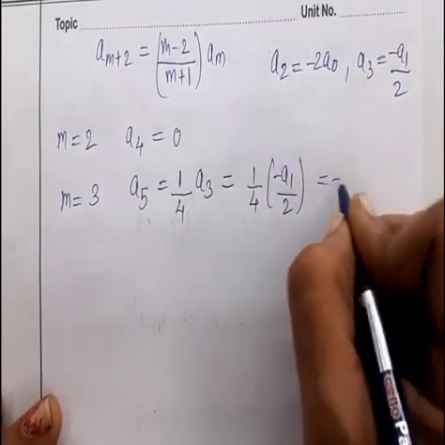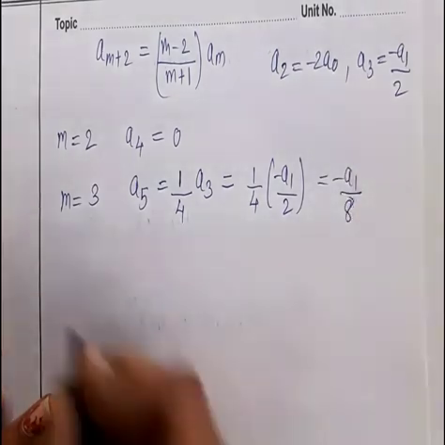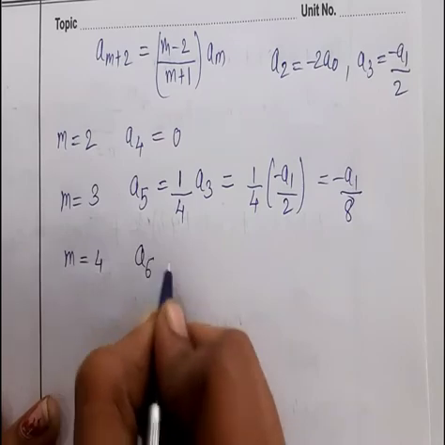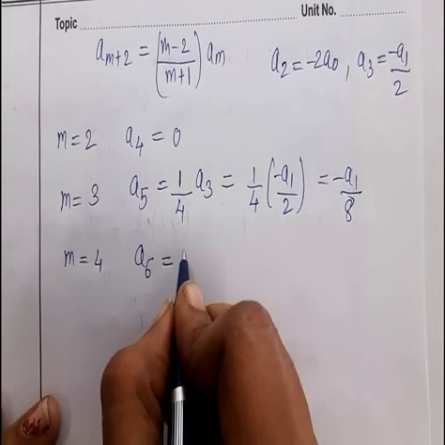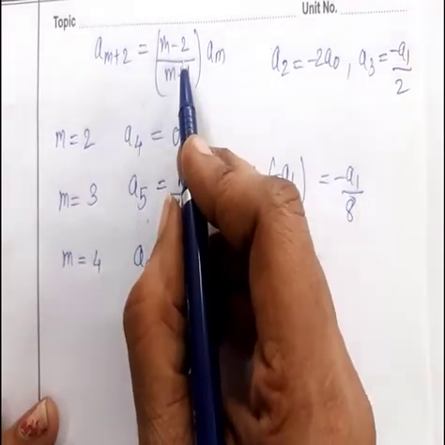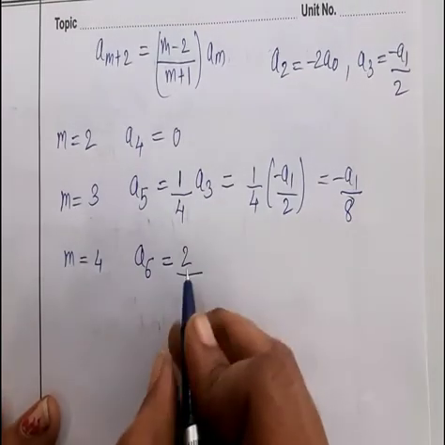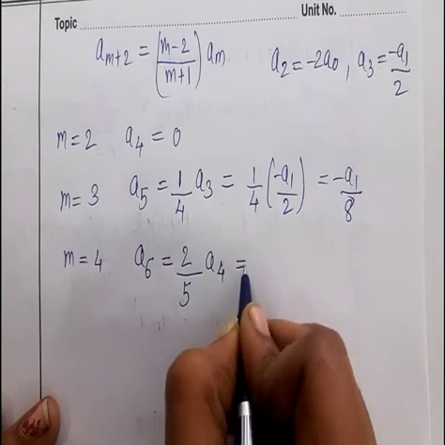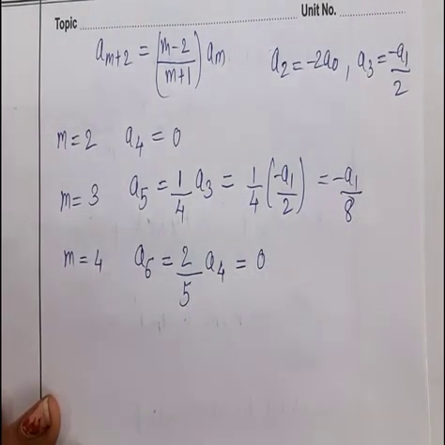So we get minus of a1 by 8. Next m is equal to 4, means we get a6. a6 is equal to 4 minus 2 is 2, divided by 4 plus 1 is 5, multiplied by a4. a4 is 0, so this value becomes 0.